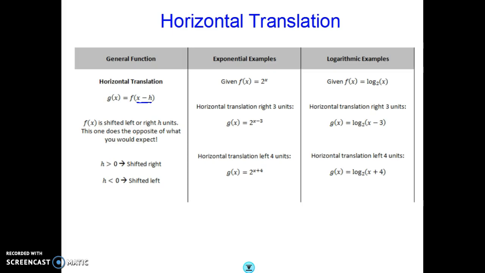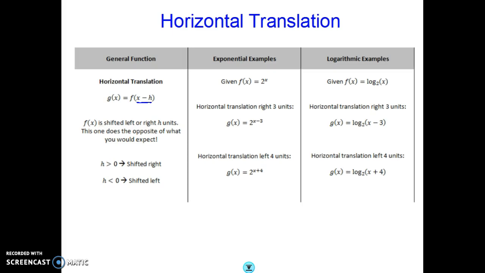The other tricky part about horizontal translations is they do the opposite of what you would expect. So in order to go to the right 2, like we just said, you have to do x minus 2. In order to go to the left 2, you have to do actually x plus 2.